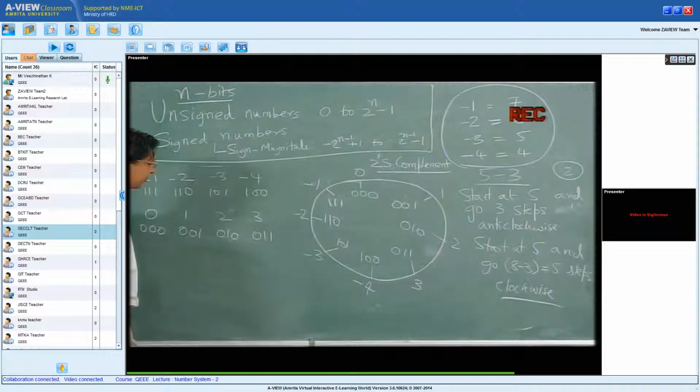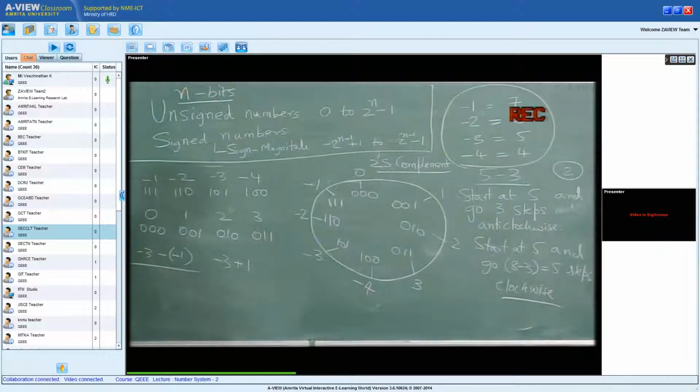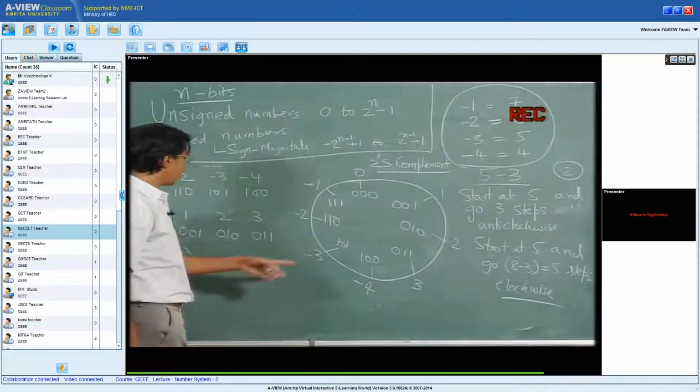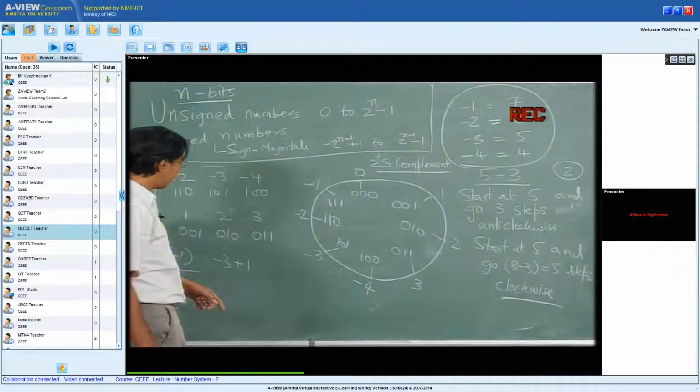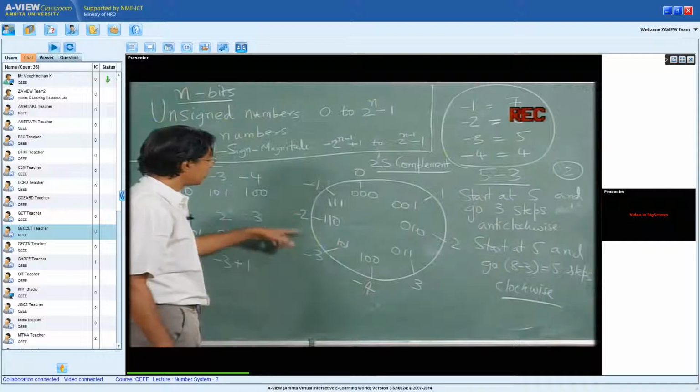The interesting thing here also is that suppose I want to do -3 minus -1, which is nothing but -3 plus 1. So if I want to do -3 plus 1, I give the representation of 101 and 001. -3 plus 1 is what? -3 plus 1 is -2, right?